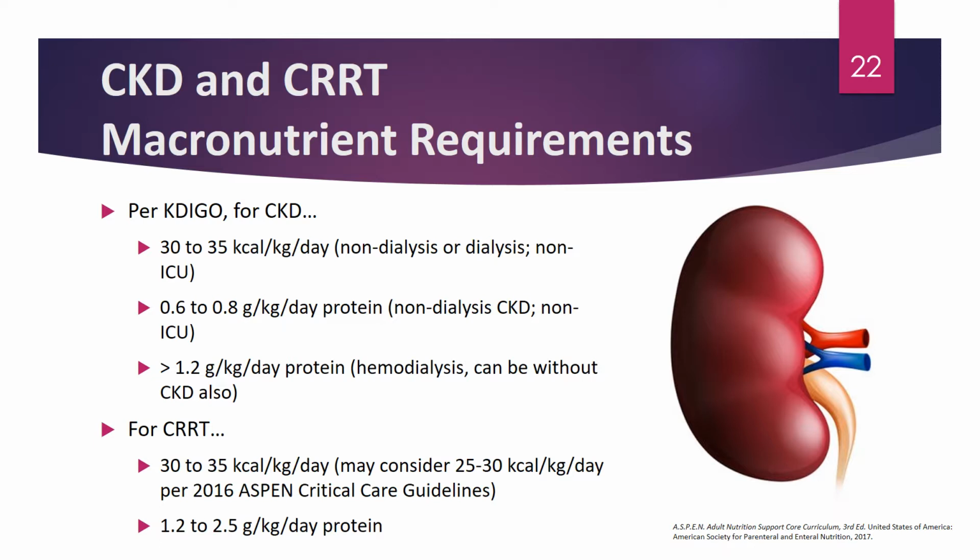In that case, we want to prevent their progression to end-stage renal disease, which is more or less stage 5 CKD for our purposes. We don't want them to progress, and that's why we'll give those patients 0.6 to 0.8 grams per kilo per day, which is lower than our traditional normal patient.